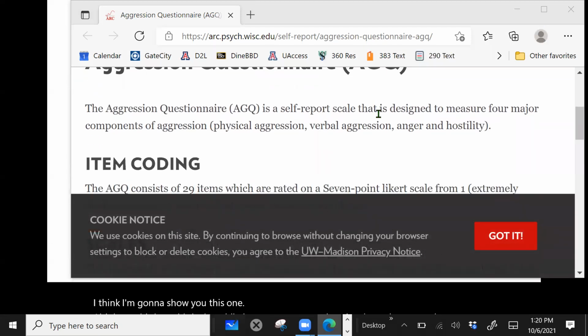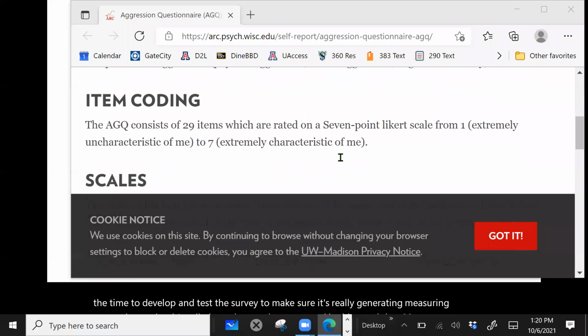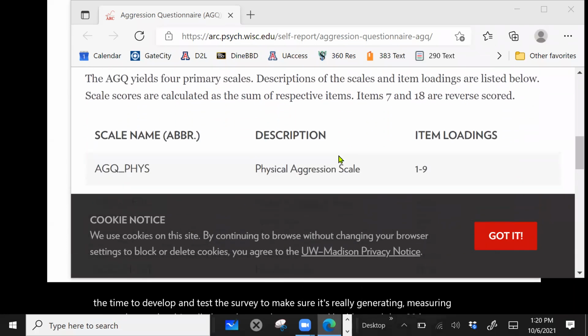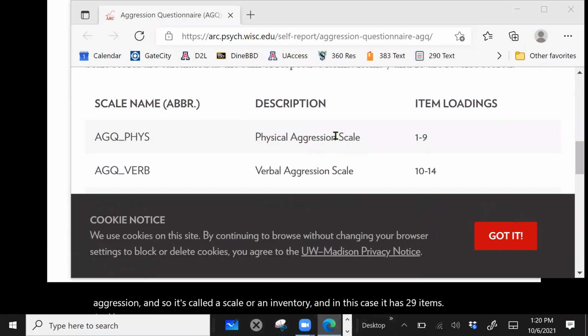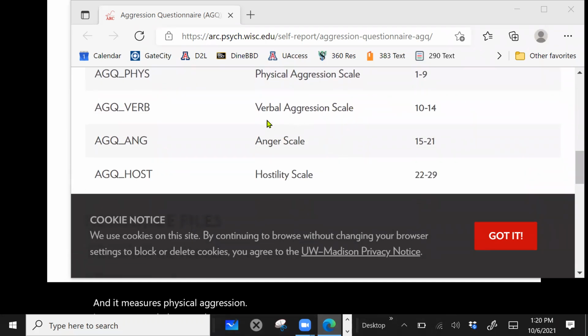This is a valid questionnaire that measures four components of aggression. By valid, we mean that someone has taken the time to develop and test the survey to make sure it's really measuring aggression. It's called a scale or an inventory, and in this case, it has 29 items. It measures physical aggression, verbal aggression, anger, and hostility.